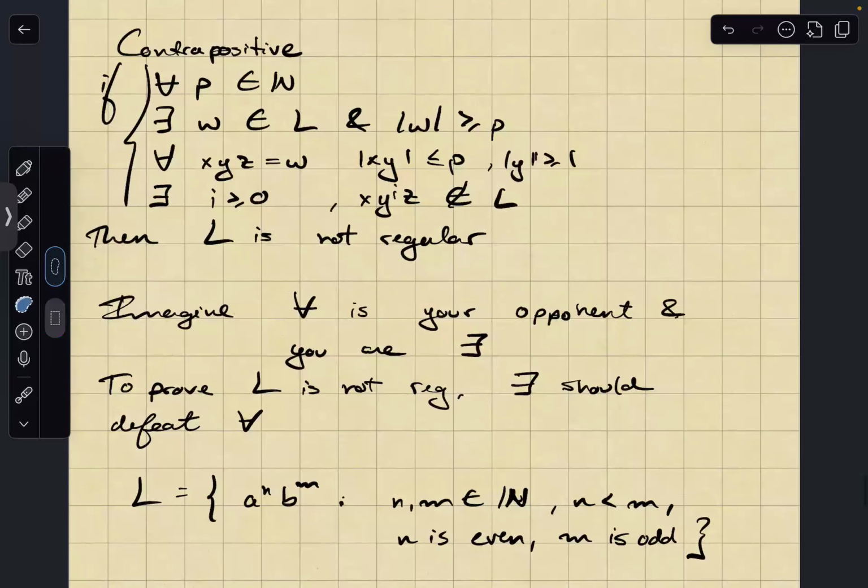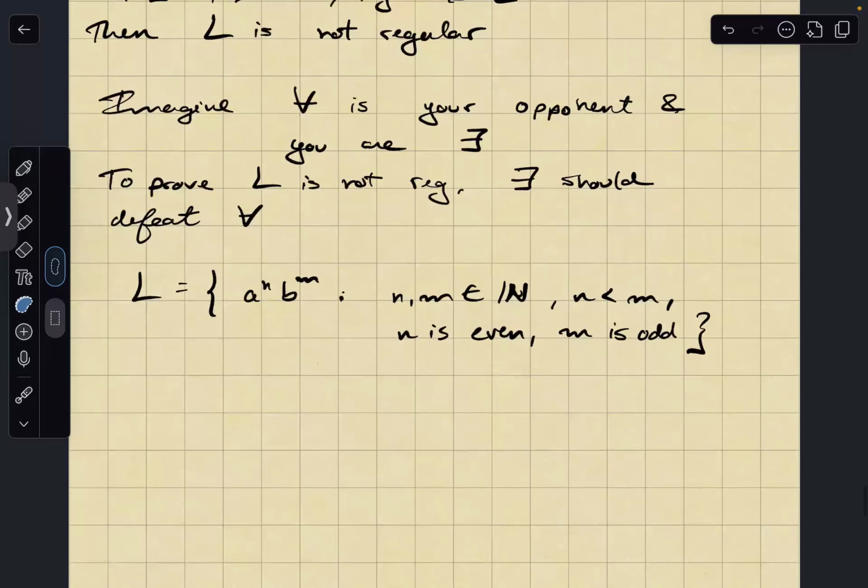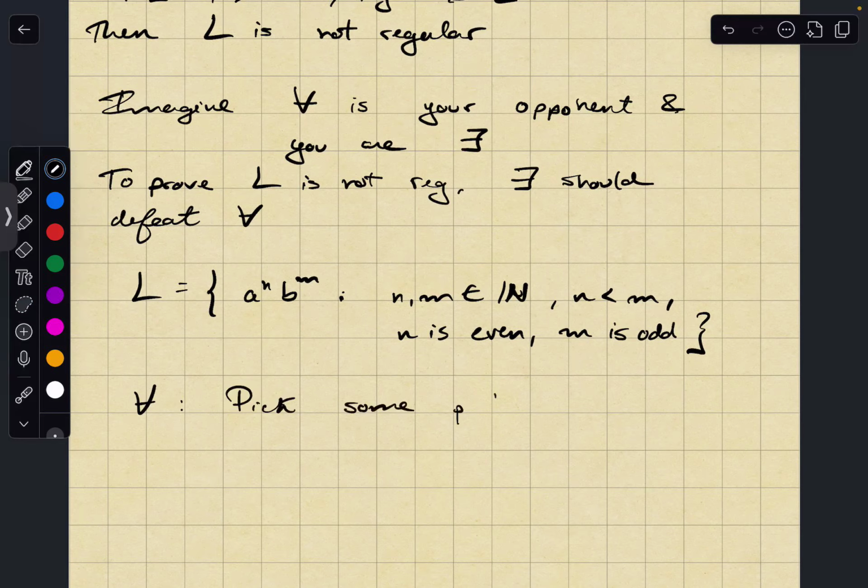Then it goes back to for all, and then it's your turn. The for all player is just going to pick some natural number p. They're your opponent. You have no idea what they pick. You have no control over what p is. It's very important to remember that.